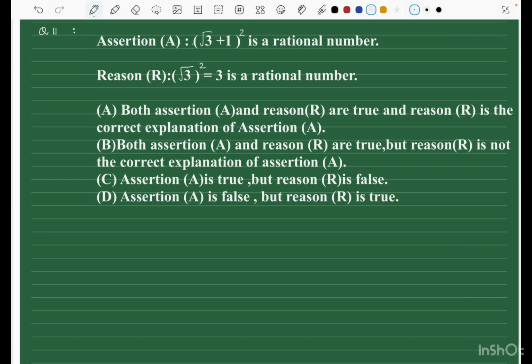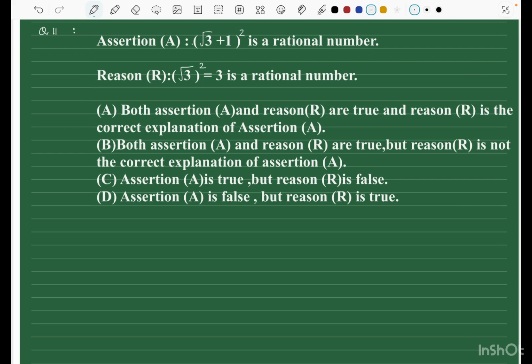Option A: Both assertion A and reason R are true, and reason R is the correct explanation of assertion A. Option B: Both assertion A and reason R are true, but reason R is not the correct explanation of assertion A. C: Assertion A is true, but reason R is false. D: Assertion A is false, but reason R is true.